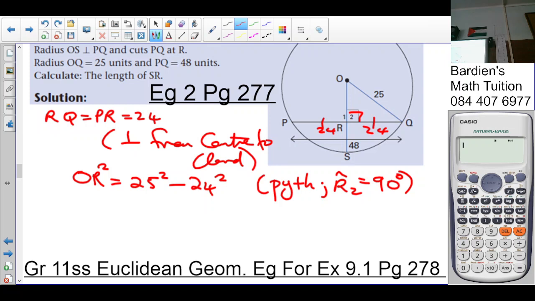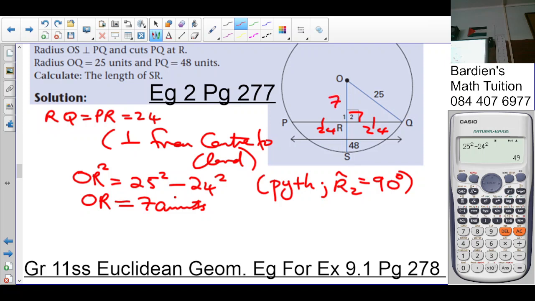Or you could have said 25 squared is equal to 24 squared plus OR squared. So 25 squared minus 24 squared is equal to 49, and the square root of 49 is 7 units.